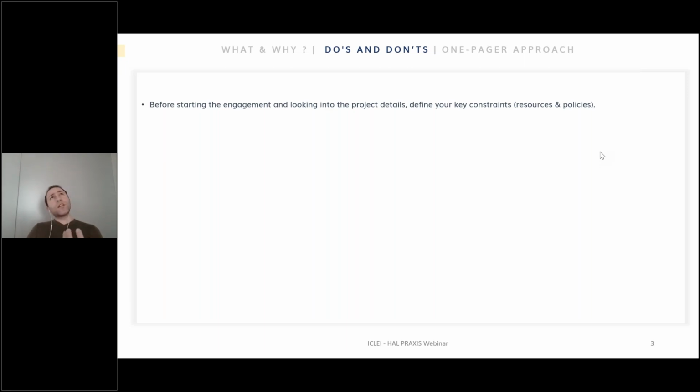Don't start by saying, oh, it's a great idea. Let's start first by saying, what can we do? Well, we can do this and this and this. We've got this budget, we've got these policies. Because starting with a very cool idea, well, this idea is actually in a sort of deadlock with resources or with a certain regulation, policy or law in your country.